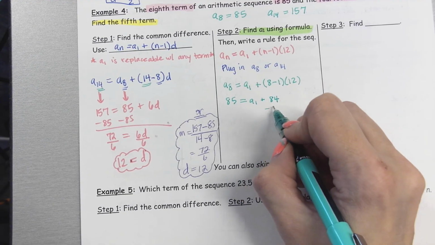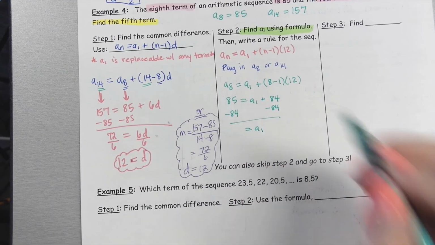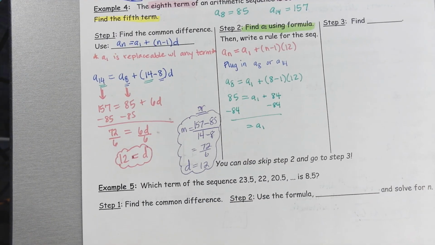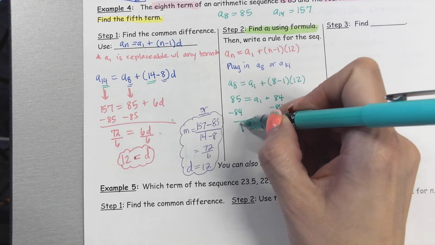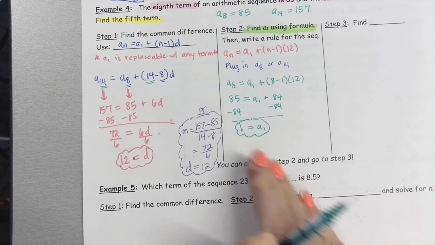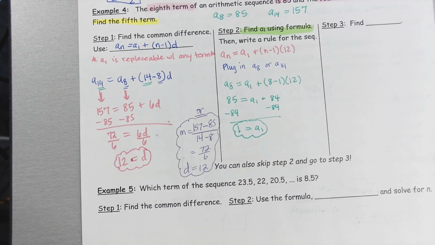And then what's my a sub 1 going to be? A sub 1 is just what? 1. Okay, so if they ask you to find a sub 1, you can use this, or you could just subtract 12 7 times.